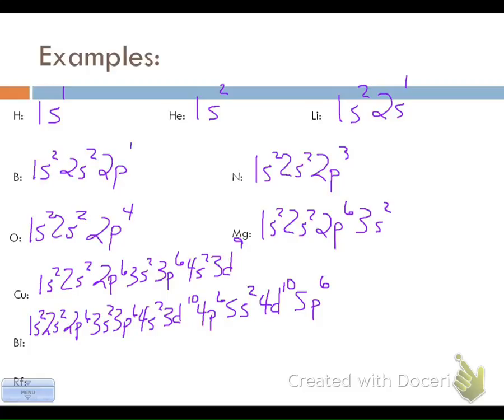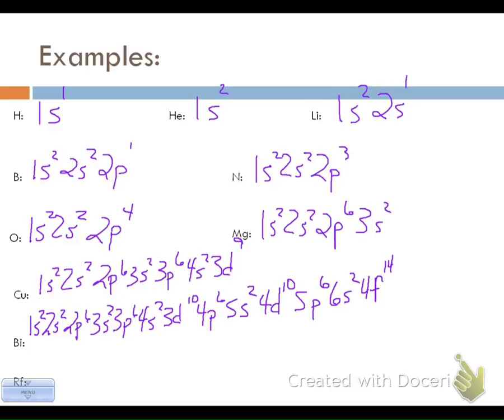Now we are on row 6. So we'll go over 2. That puts us at barium. And then look what happens next. From 56, 57, we jump down to the F block. So we have to now go from 6s to 4f. 4f14.